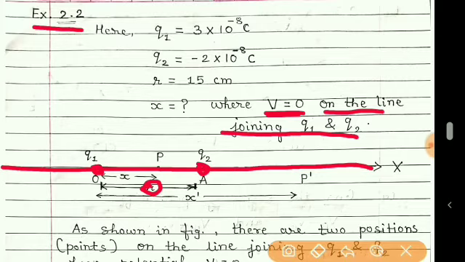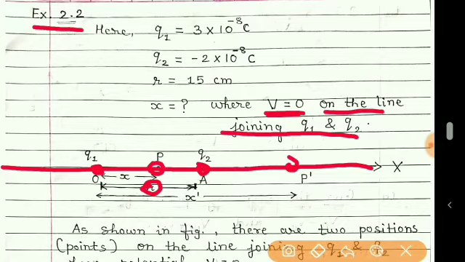On this line, the potential can be 0 at 2 points. One between the charges Q1 and Q2, and the other towards charge Q2 on this side.